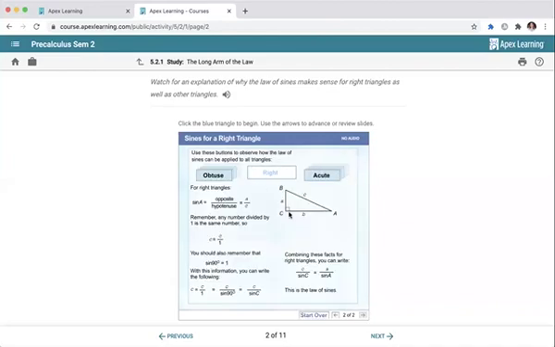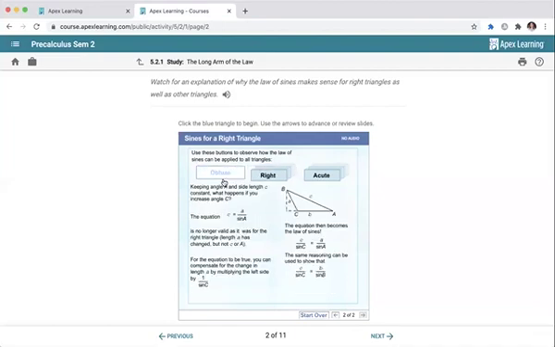So if we look at, again, we showed it with our right triangle. If we looked for obtuse triangles, we can see the same thing here.